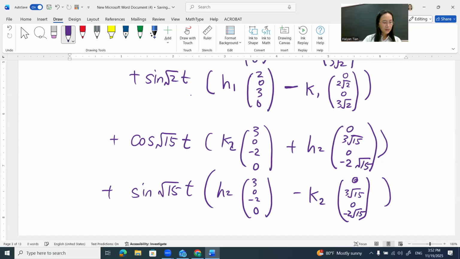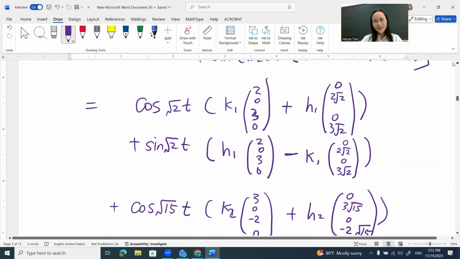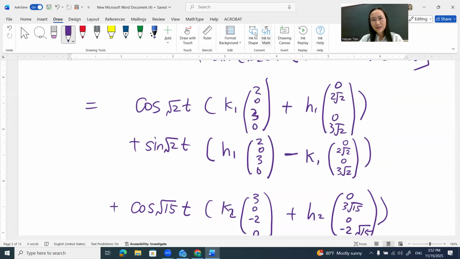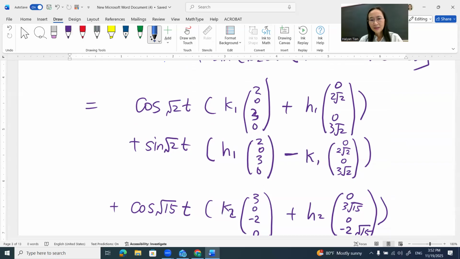Okay, so through this example, you see that we got a solution, almost, because you see the solution is an integral curve, a curve-valued function of t, but still you do not know the k1, h1, k2, h2.